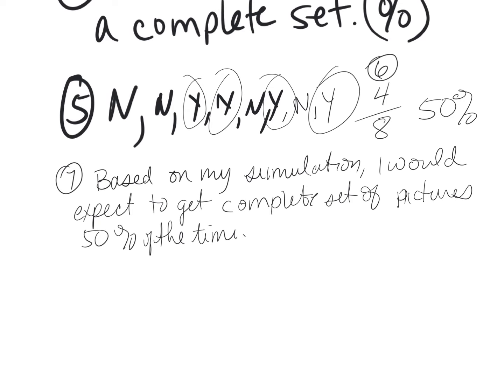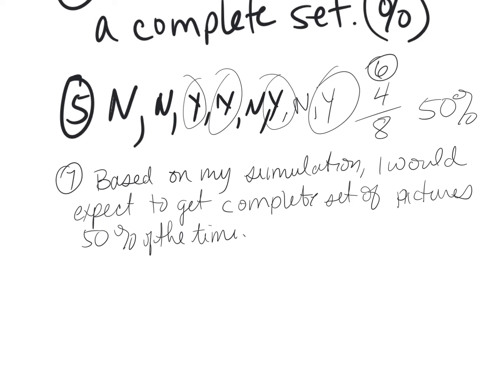Okay. Is it okay if your simulations didn't get 50%? Absolutely. Right? Every simulation, if we're doing a small number of trials, is going to result in a different answer, unless you were using line 107 like me, right?